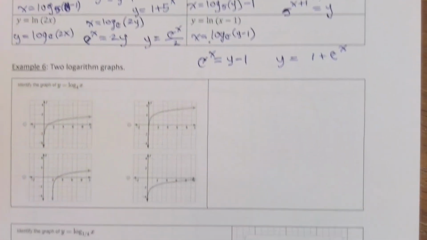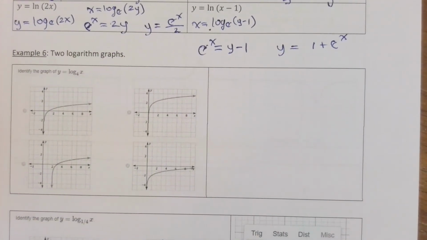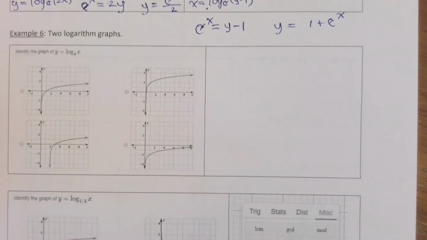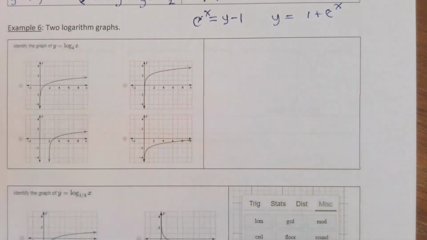Okay, I hope I'm zoomed in enough for you on this one. Identify the correct log graph. You can check your work on the Desmos graphing website. That's a great website. When you have an answer to this that you think is correct, you can check it by going to the graphing website, Desmos, and entering this equation.